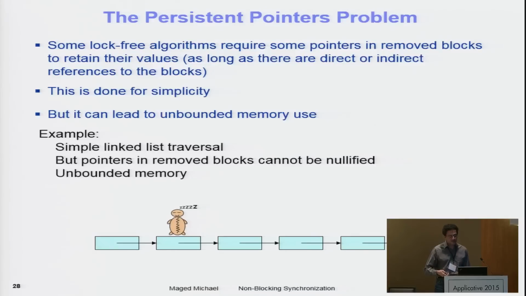So now we have a thread that was traversing, and it went to sleep. And another thread comes along and removes the node that it's pointing to. But then the algorithm requires keeping that pointer, let's say it's using reference counting, it depends on the technique. Hazard pointers would allow nullifying, but reference counting, depending on the algorithm, not always, but some algorithms require that you keep that pointer intact.